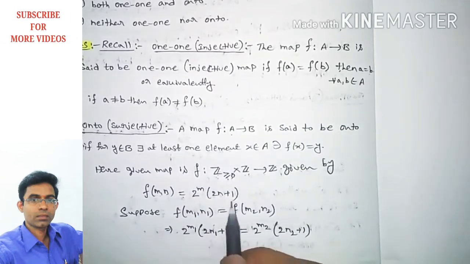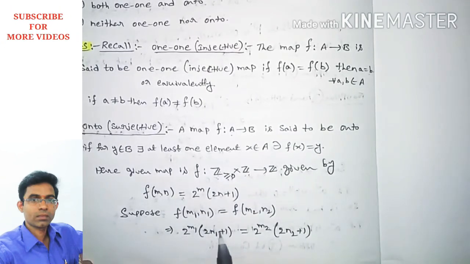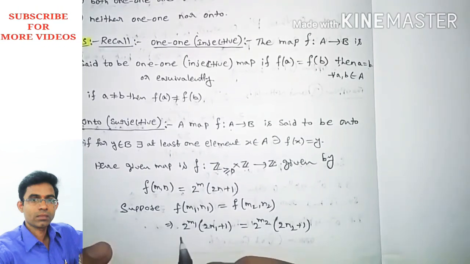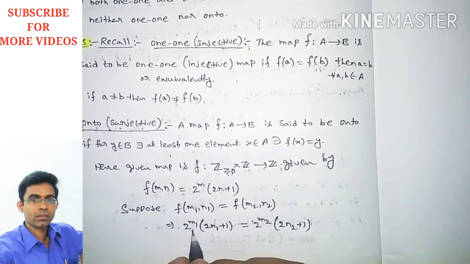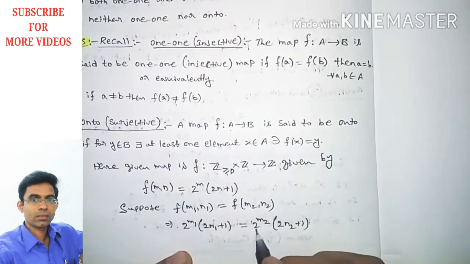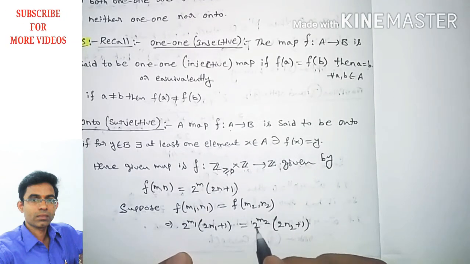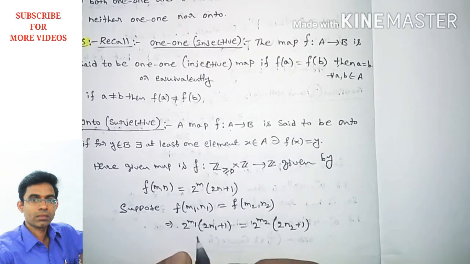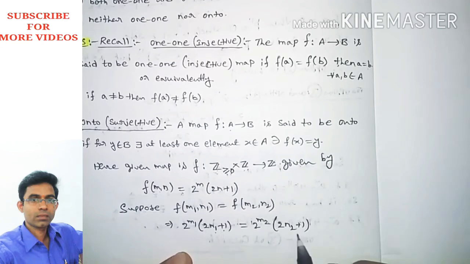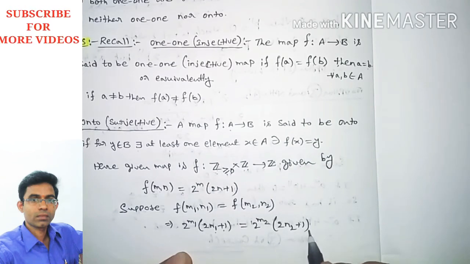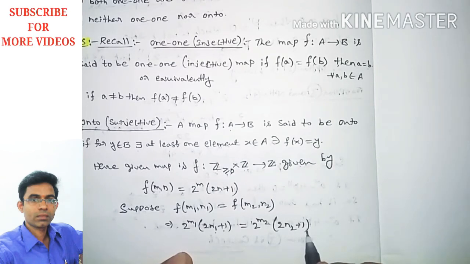Here clearly observe that 2 power m1 is an even number, similarly 2 power m2 is also an even number, and the bracket term 2n1 plus 1 is an odd number, and 2n2 plus 1 is also an odd number.